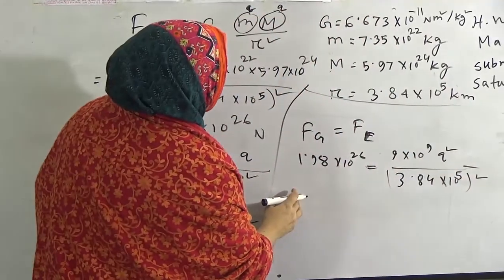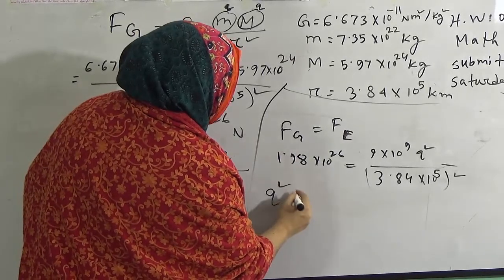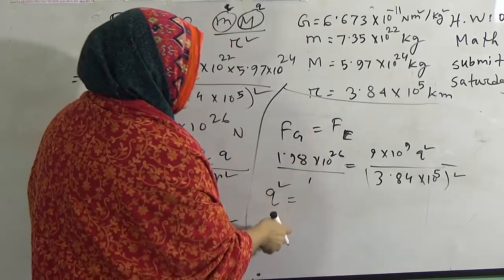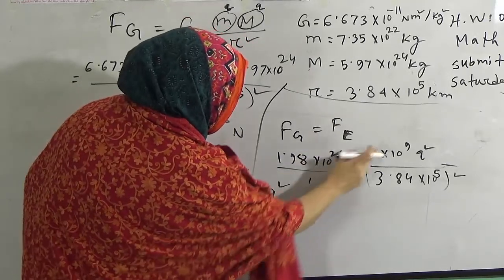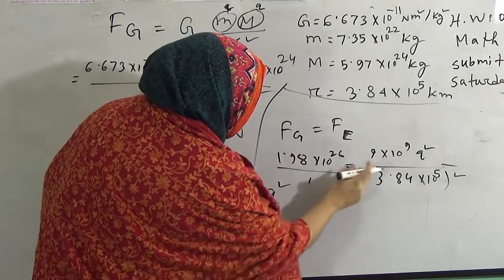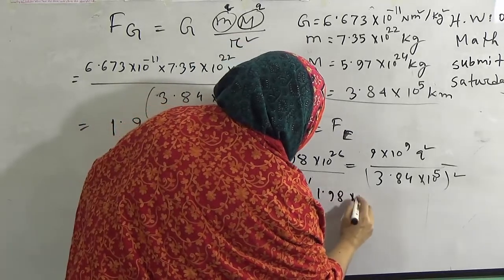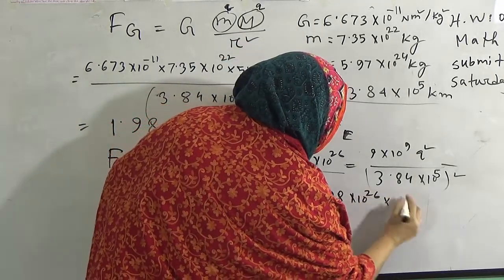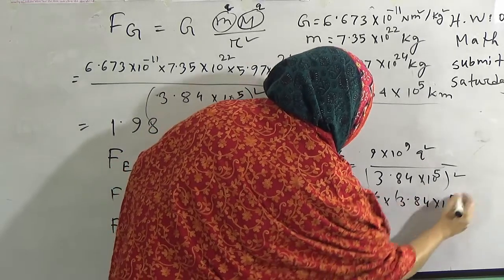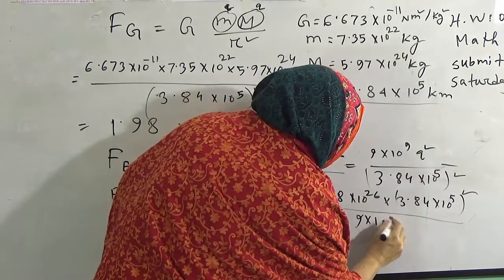From this calculation we will find out the value of q square. What will be the value of q square? We can just do the cross multiplication. So from this cross multiplication we can write that q square will be 1.98 into 10 to the power 26 into (3.84 into 10 to the power 5 kilometer) whole square divided by 9 into 10 to the power 9.